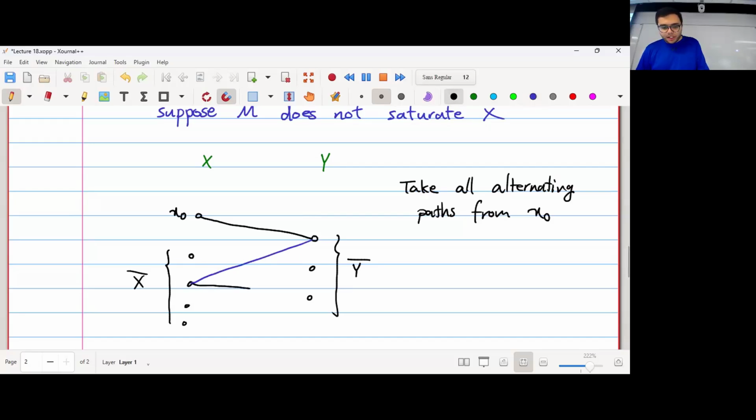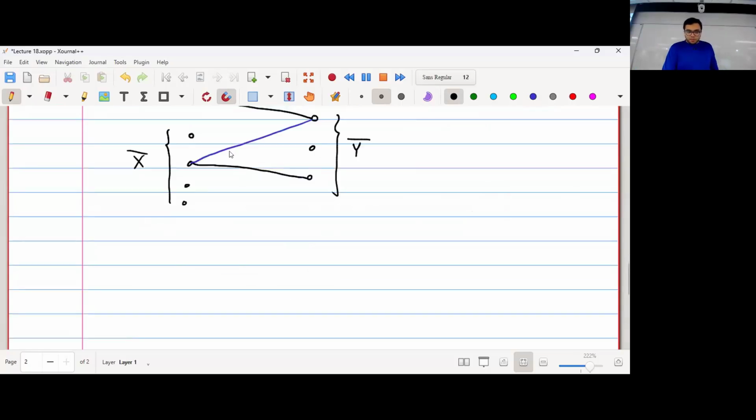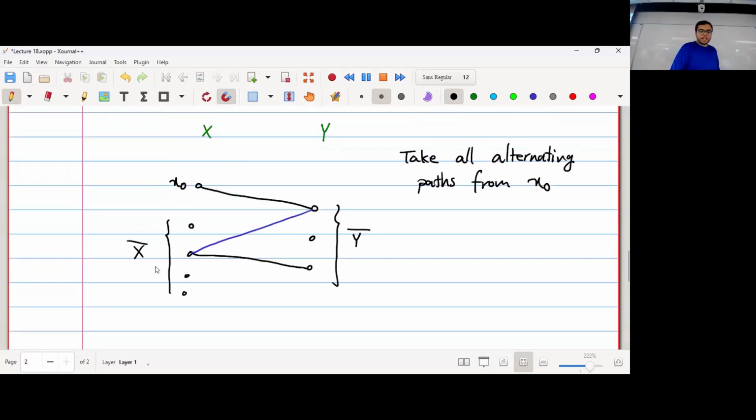Then I have to take another edge that is not in the matching, and so on. But what does this mean? Whenever I add some vertex to x bar, it means that there was a vertex in y bar, and then there was an edge of the matching coming from the right to the left. So as I'm taking these paths, every time I'm going from left to right, I'm taking an edge that is not in the matching. Every time I'm going from right to left, I'm taking an edge that is in the matching. So what does this tell you about the size of y bar and the size of x bar?